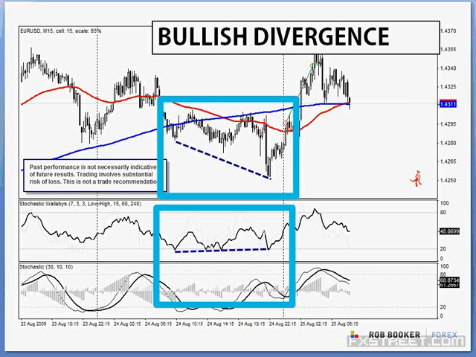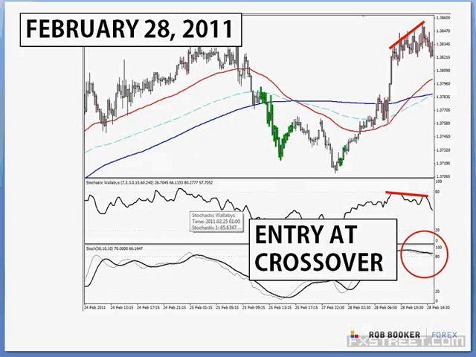Here's an example of what a Wallaby trade looks like from February 28, 2011. On the far right-hand side of this chart, you'll notice that price is moving upwards, and I've drawn a trend line across the top of those candles. And the Wallaby oscillator is dropping.